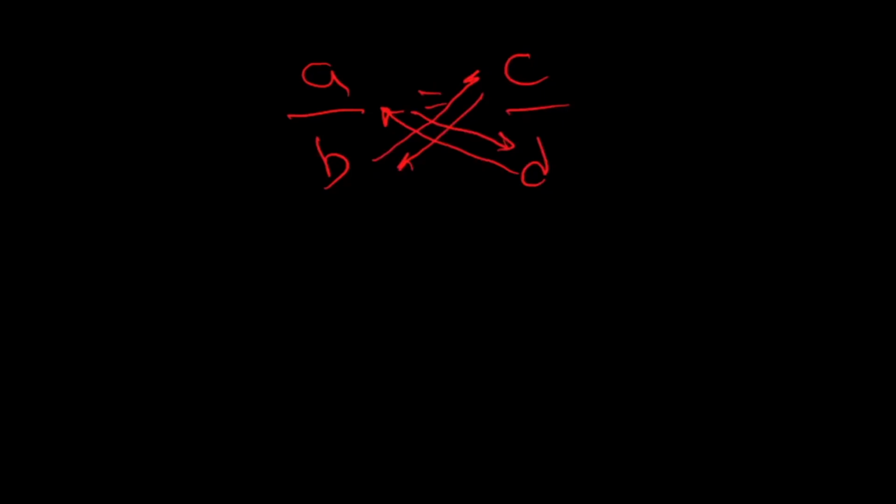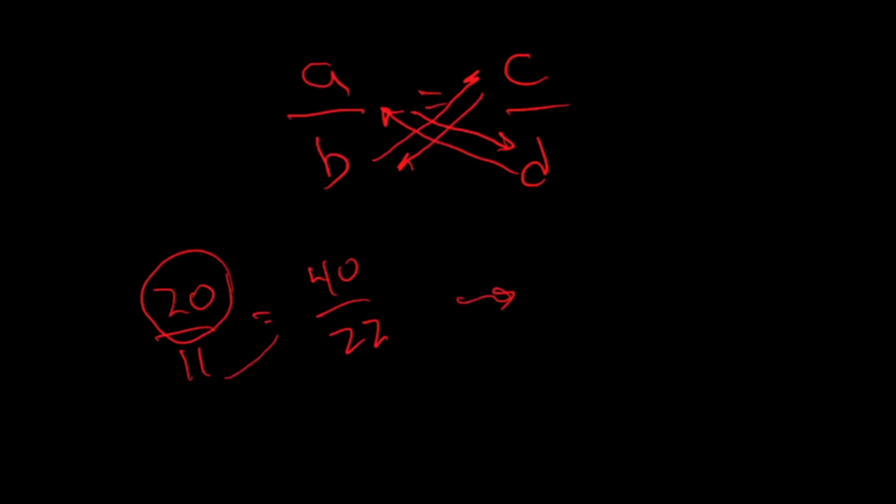So we had an example, 20 over 11 is equal to 40 over 22. If we want to isolate 20, then what we would do is send 11 over here.